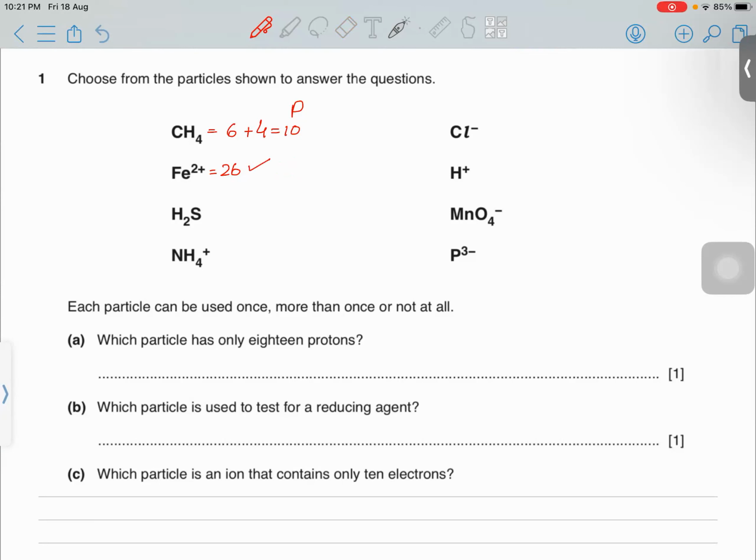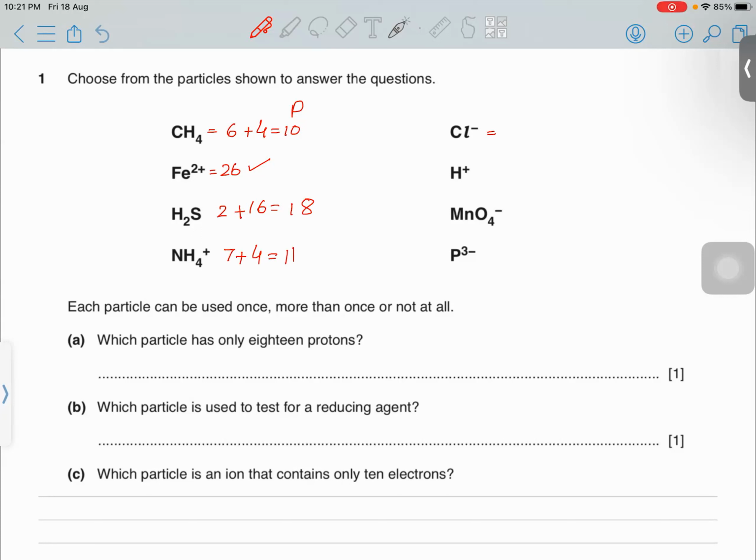Now for H2S, it is 2 plus 16, which is 18. And then for NH4, 7 plus 4 is 11.